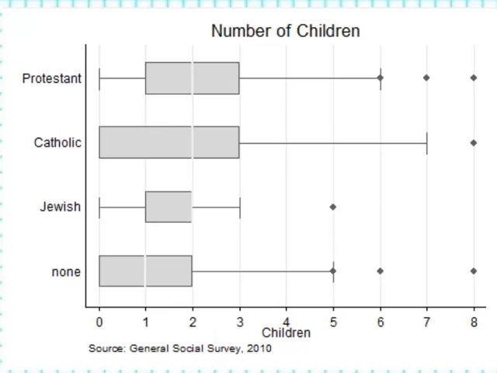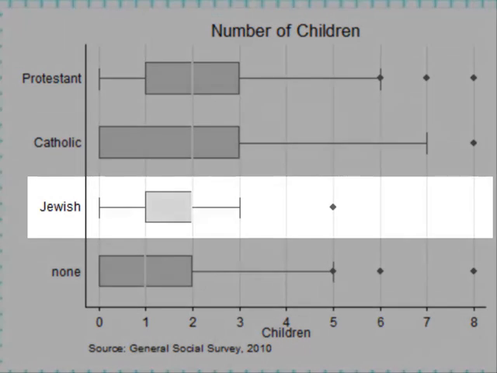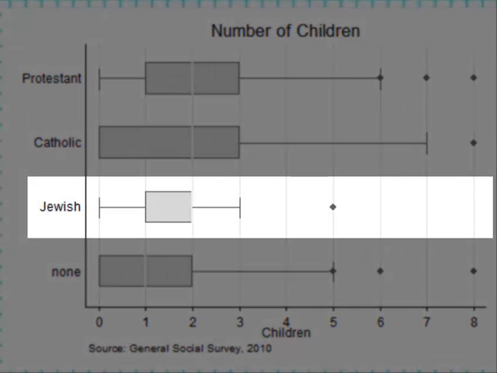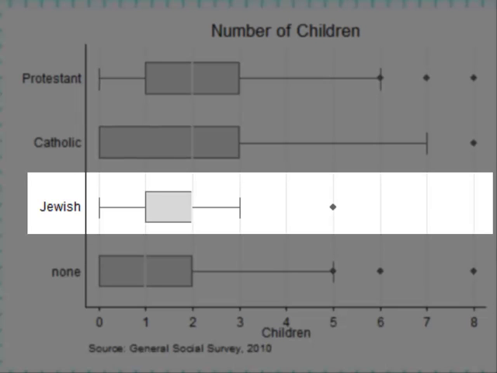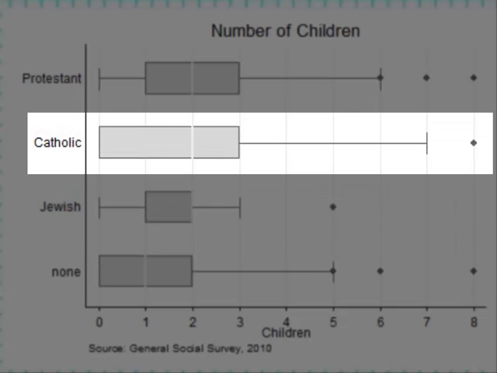You can see that the group that has the most homogeneous distribution are the Jewish respondents. The middle 50% of their distribution covers the difference between 1 and 2 children, and has an interquartile range of 1. You can see that the group that has the greatest interquartile range is the Catholic respondents, and their interquartile range goes from 0 to 3, or has a distance of 3 children.